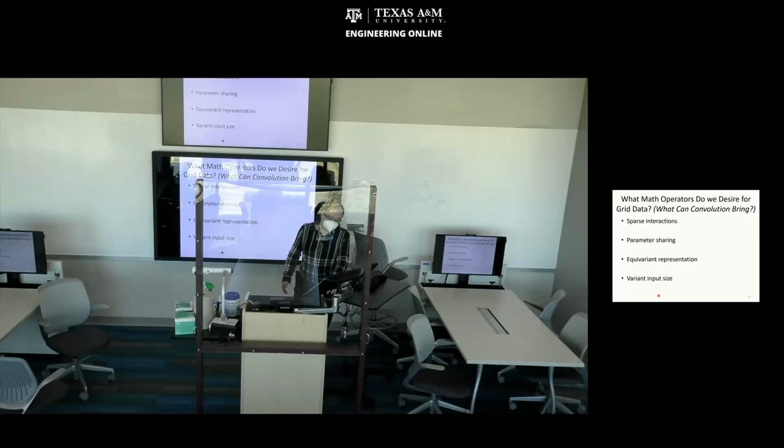So now I can summarize my answer to the initial question, right? What mathematical operators do we desire for grid data seen in images, so that we can revolutionize MLP into something we need? The answer is essentially what convolution can bring, okay? So there are sparse interactions, right? Then there's parameter sharing, because you keep using the same kernel and you move it along different pieces.